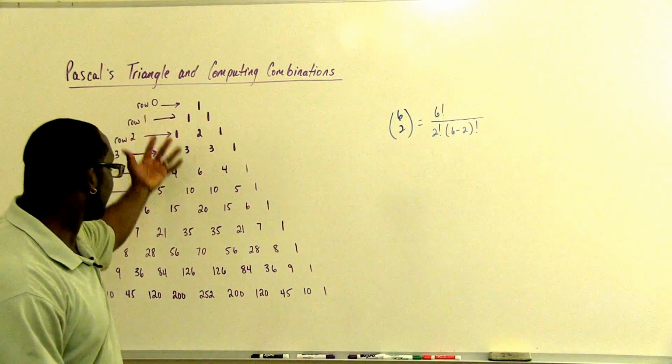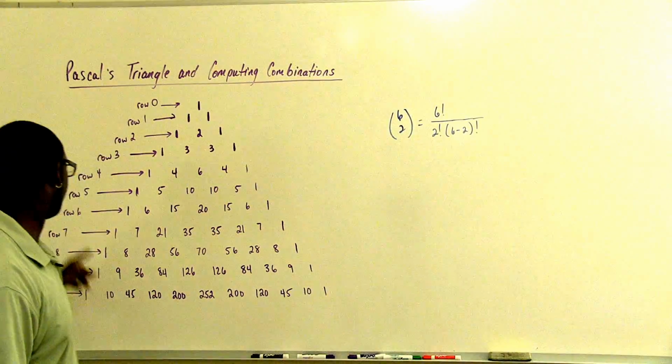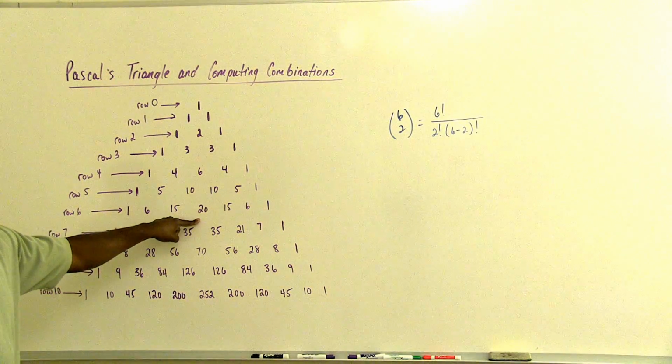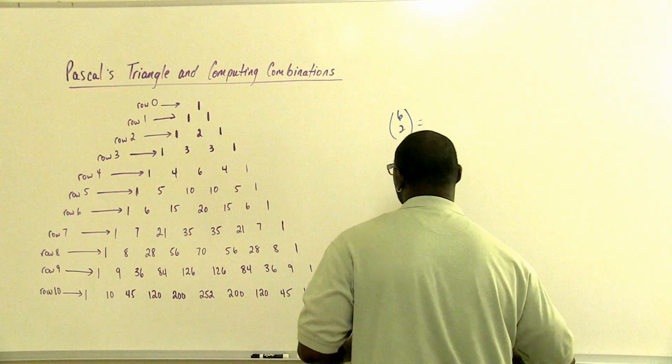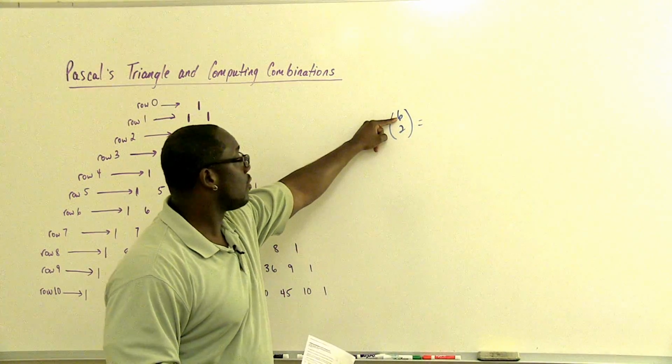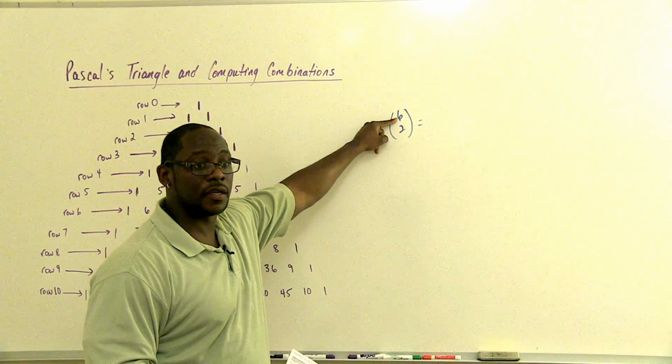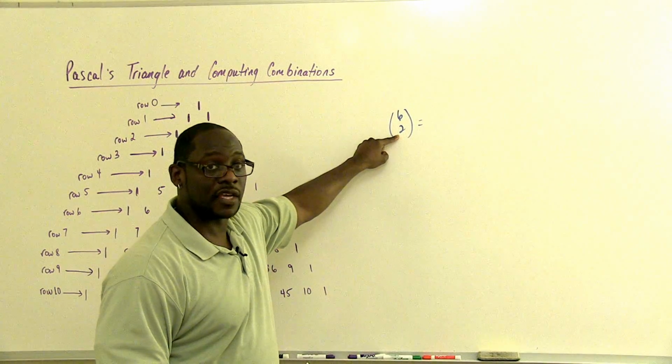But here, since I have Pascal's triangle and I have it up to at least row 6, I don't have to do that anymore. So what I can do here is just say, all right, here I want to go to row 6 and find where 6 things taken 2 at a time.